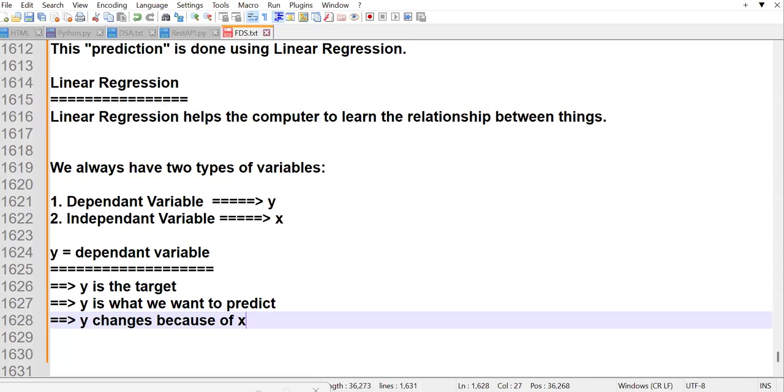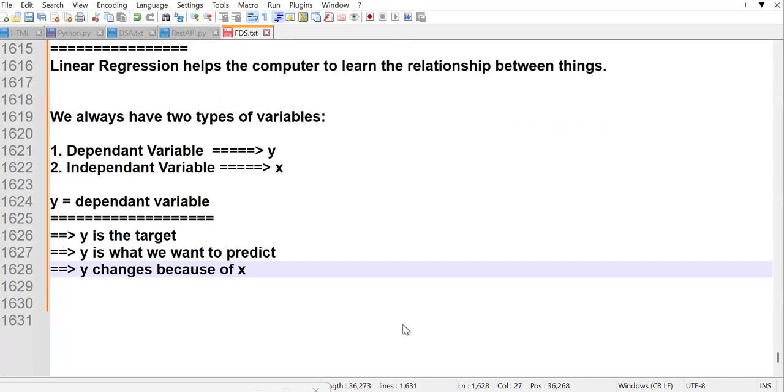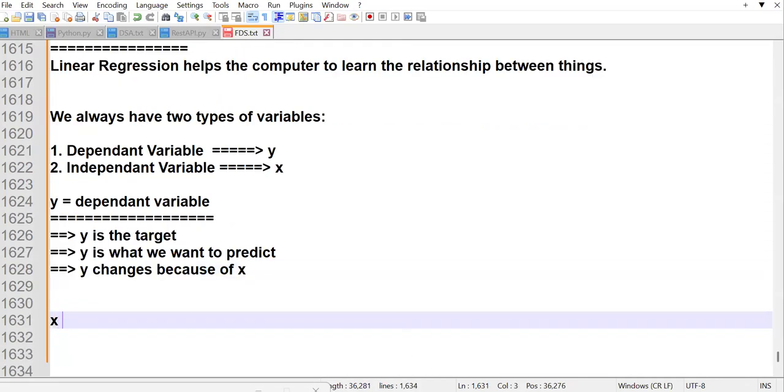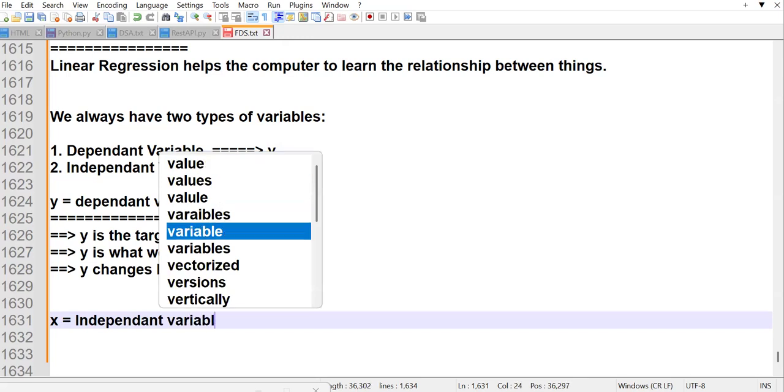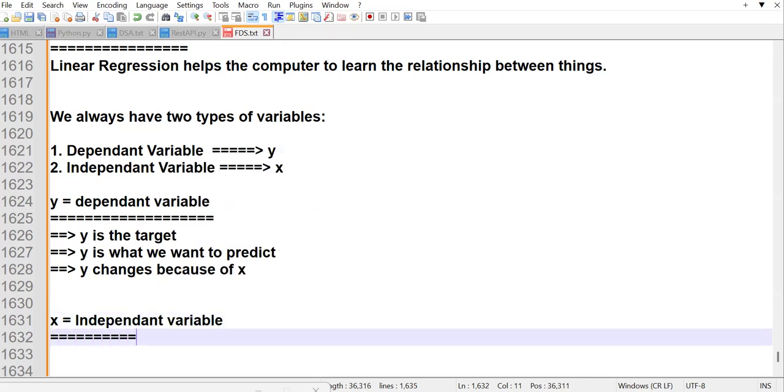This is what I'm trying to say. Next, let's see x. So x is the independent variable. What is the meaning of independent variable?